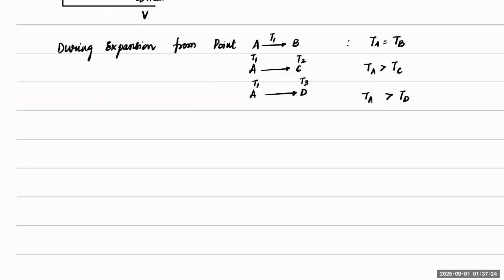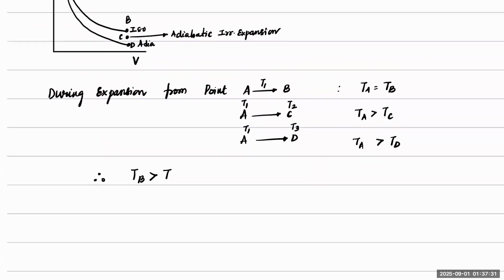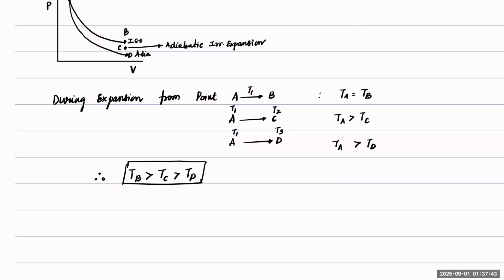But what you will notice therefore is that temperature of B will be greater than temperature at C, which will be greater than temperature at D. And you know that B point is an isothermal expansion. C point is an adiabatic irreversible expansion, and D point is an adiabatic reversible expansion.